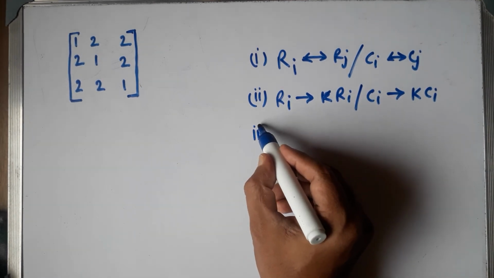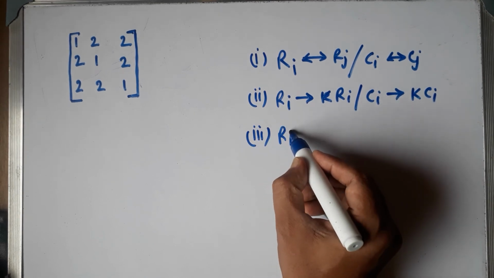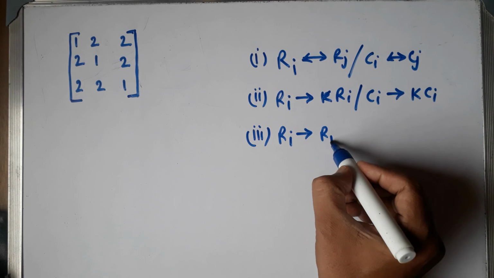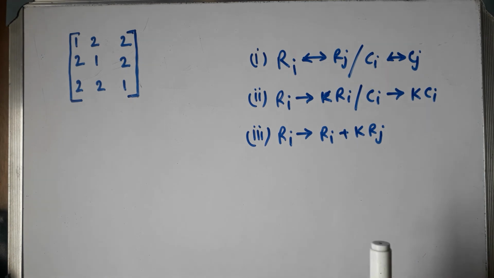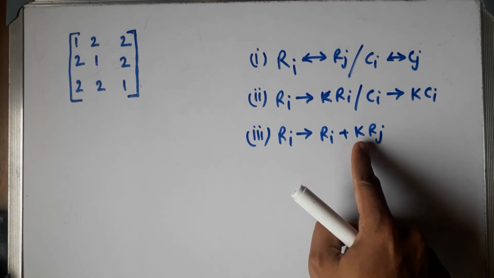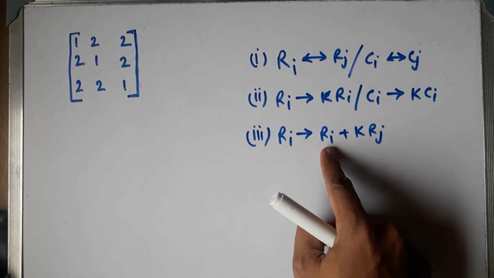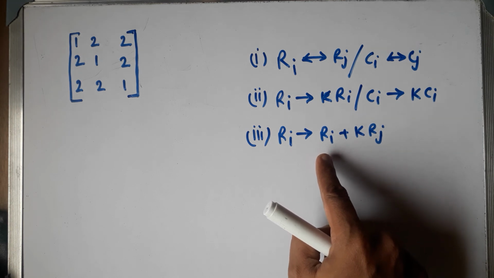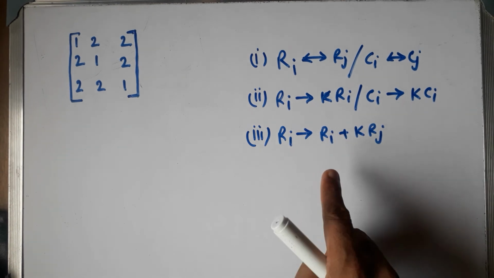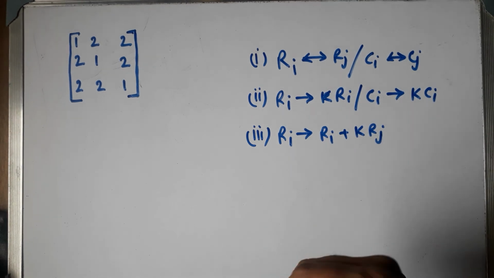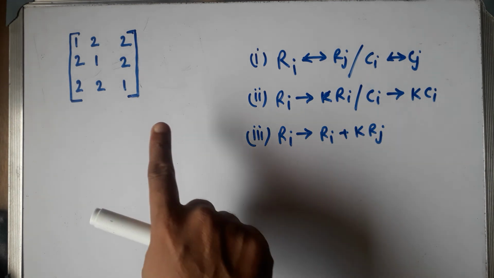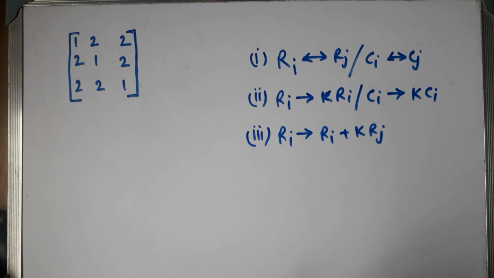Number three, Ri goes to Ri plus k into Rj, that is, the jth row is multiplied by k and then added to the ith row, and the same thing for column operations. So I can apply these operations on a matrix, then the rank remains the same.